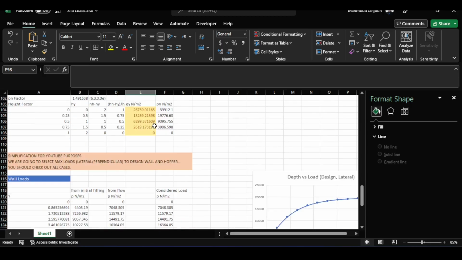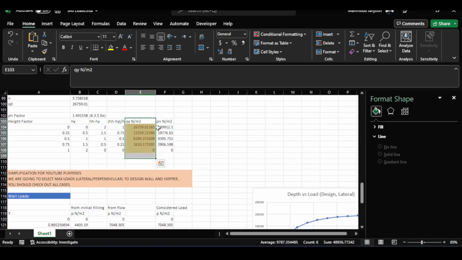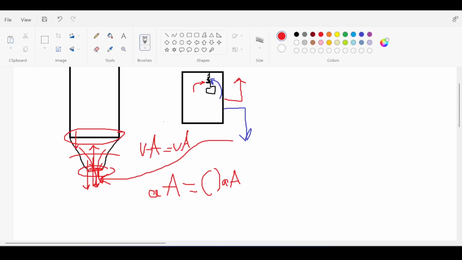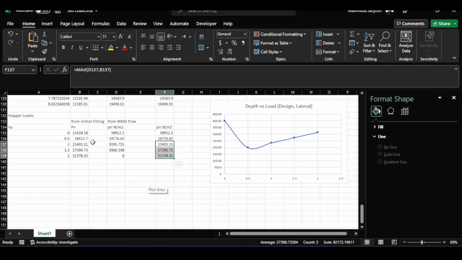Anyway, you can notice that in the beginning here, the flow wins, and the flow pressure is the dominant pressure. In later stages, the initial filling is dominant, because in lower depths, when you are near the exit, your pressure here is almost zero because you're accelerating at the acceleration of gravity, which means that suddenly your mass flow pressure goes to zero, and what wins is the initial filling pressure.